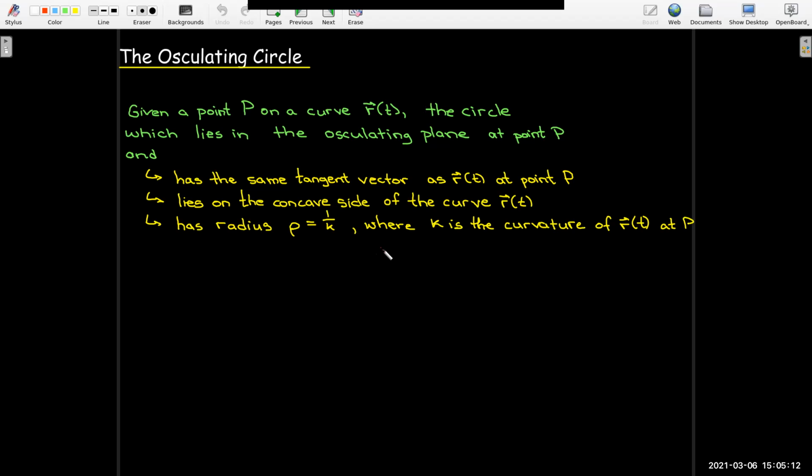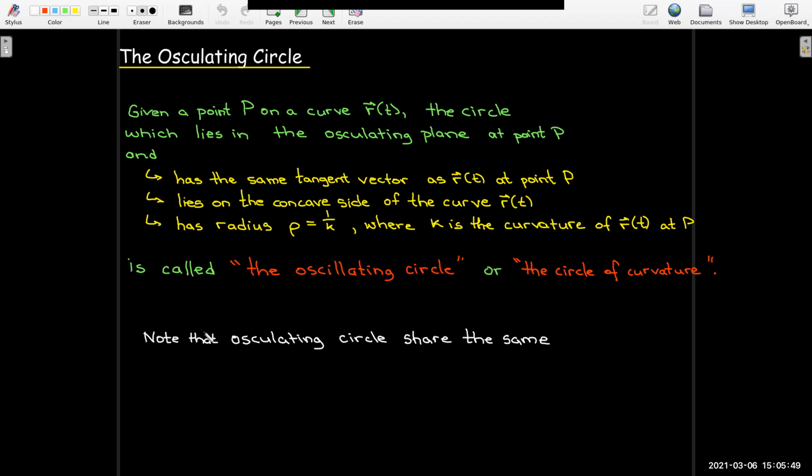If you recall when we learned curvature, the curvature of a circle is 1 over its radius. So by enforcing that the radius of the circle is the reciprocal of the curvature of the original curve, we're going to ensure that both the curve and the circle have the same curvature at the point P. That circle we call the osculating circle, or the circle of curvature.